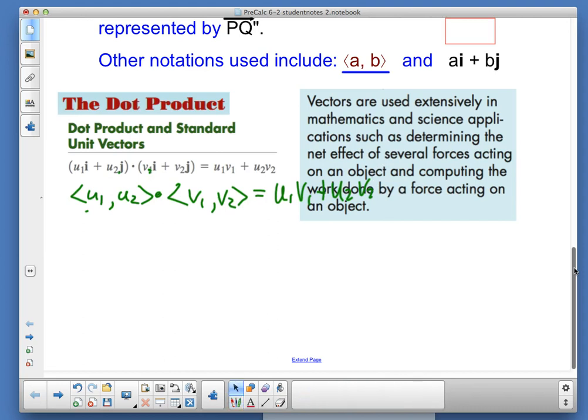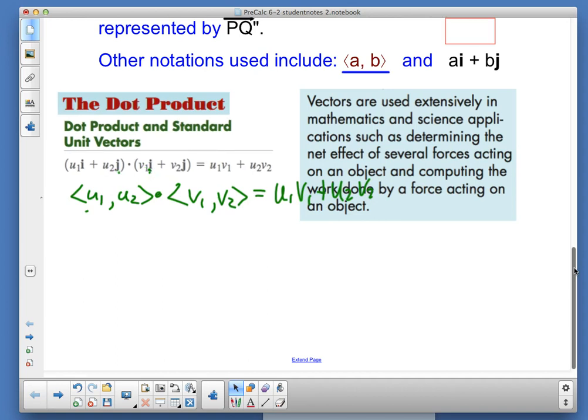It's a little bit like what we did with multiplication of our matrices. We had a certain order, and then we added them together for the result. We did row-column for matrices, but here we're just talking about the first term times the first term, the second term times the second term, and their sum, whether it's written this way or in vector component form. Either way it's the same deal.